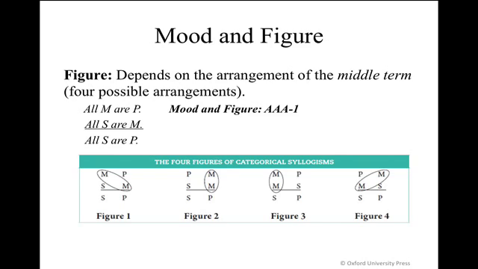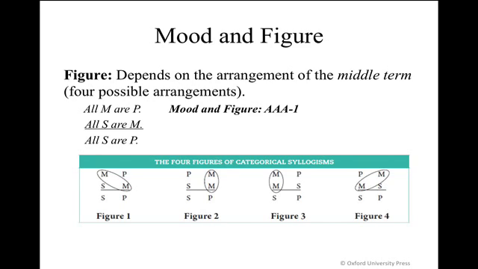Figure, as I mentioned before, tells us the placement of the middle term. So you know that there are four possible placements for the middle term in any syllogism. And the adopted method, you'll see this in any textbook you open, is the four figures look as you see on the screen.